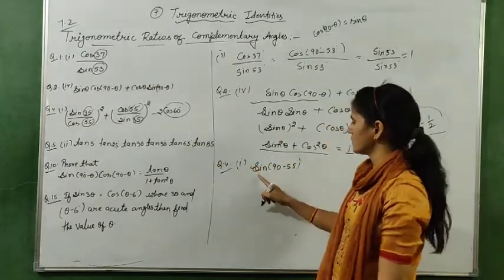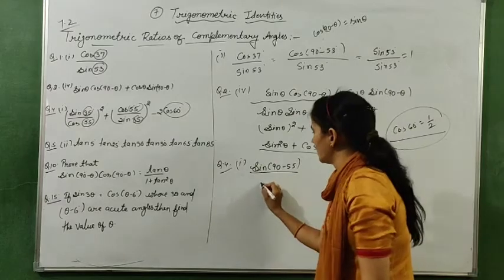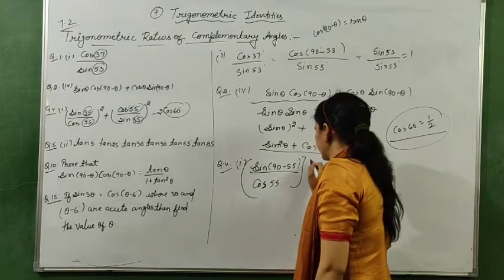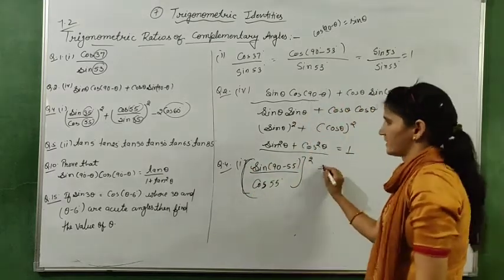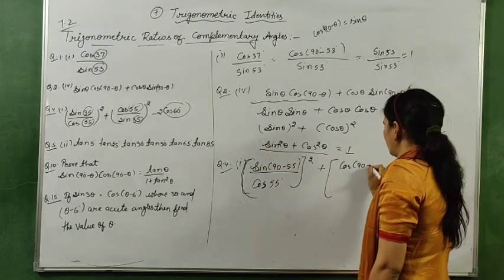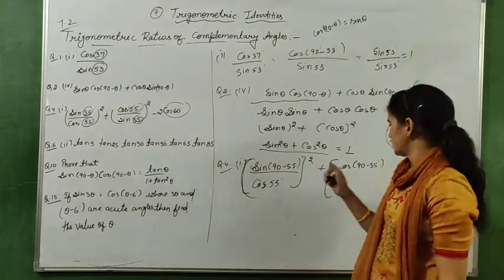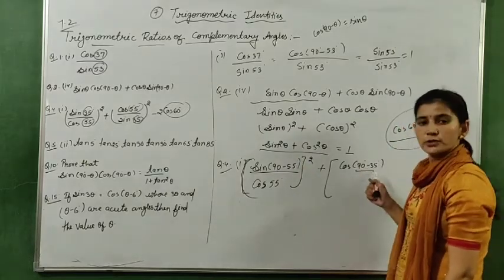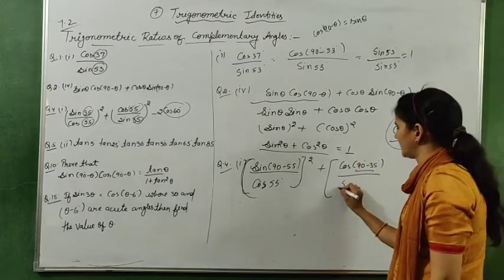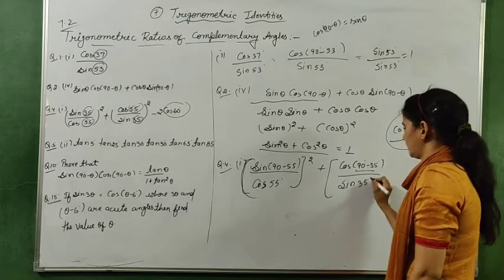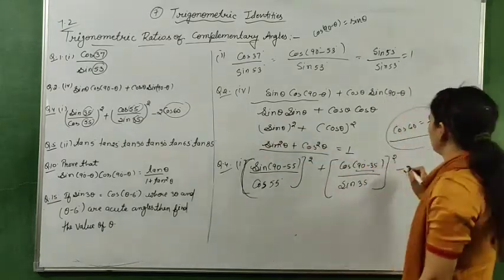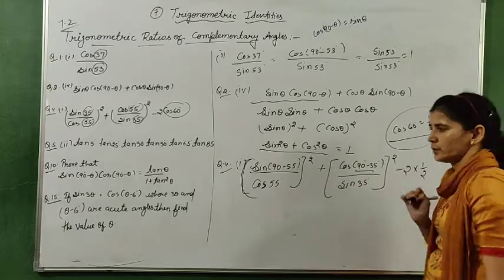Next, cos 55 can be written as cos (90 minus 35) degree, since 90 minus 35 is equal to 55. And 2 into cos 60 degree is 2 into 1 by 2.